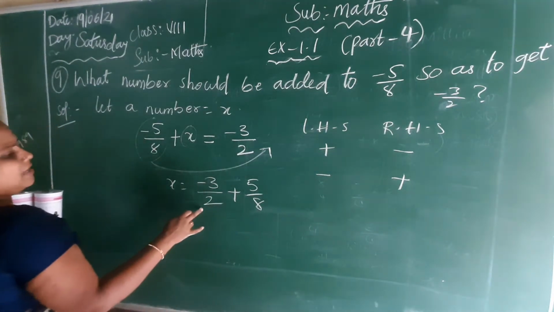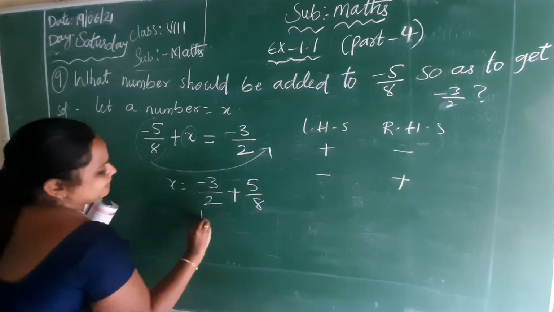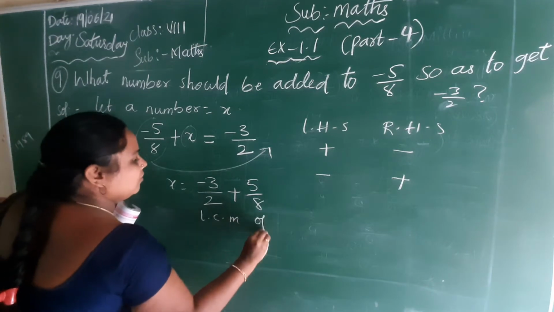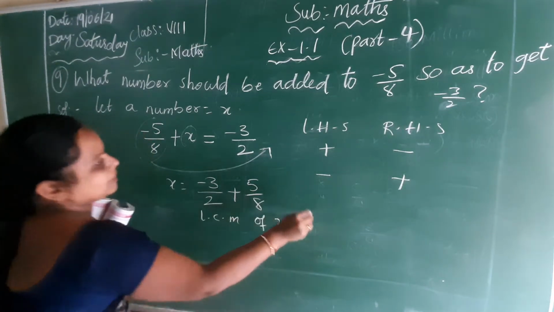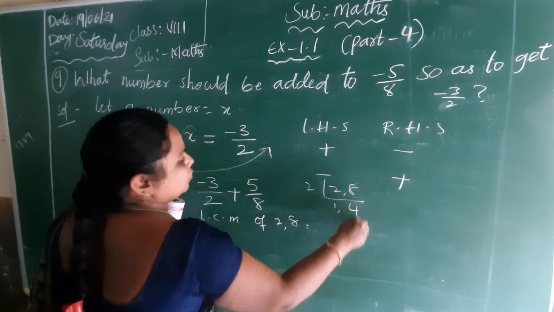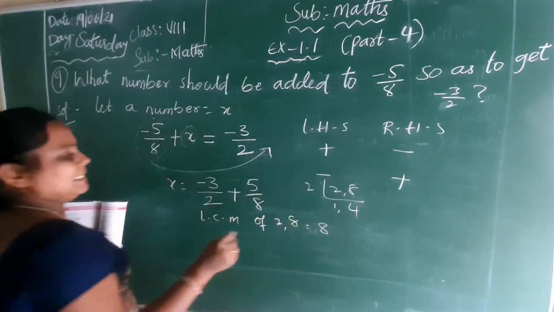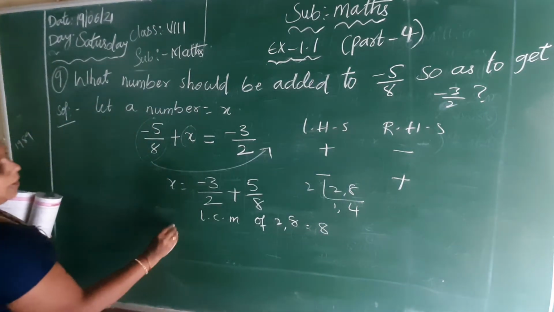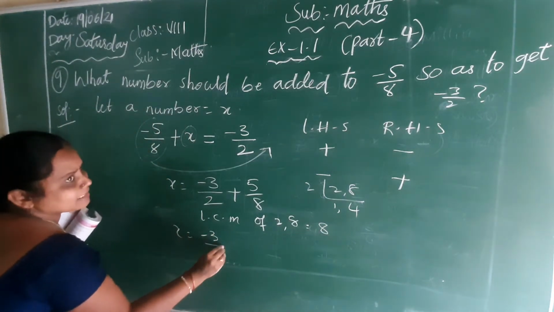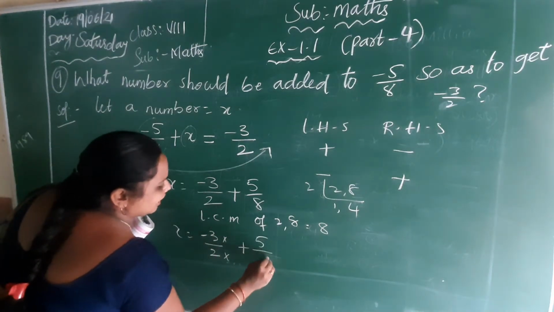If we observe here, the denominators are different. So how to find? Take the LCM of 2 and 8. What is the LCM of 2 and 8? Check: 2 ones are 2, 2 fours are 8. So the LCM we got is 8. So x is equal to minus 3 by 2 plus 5 by 8.